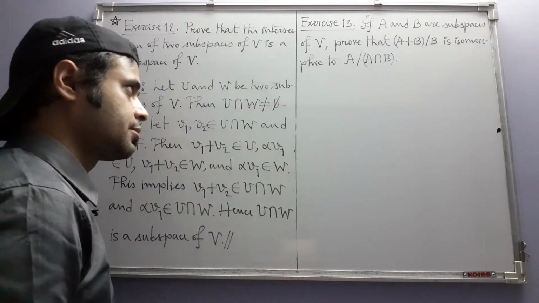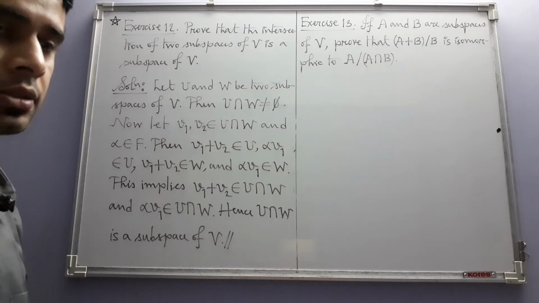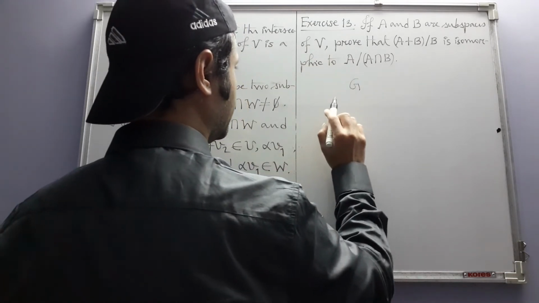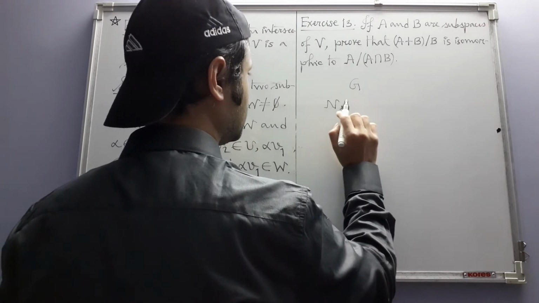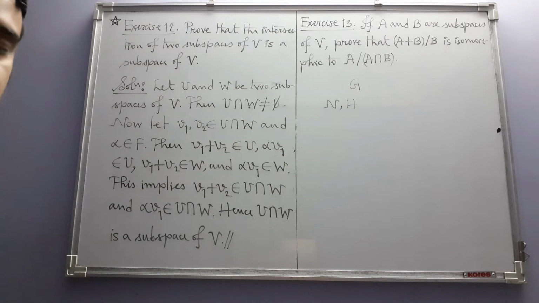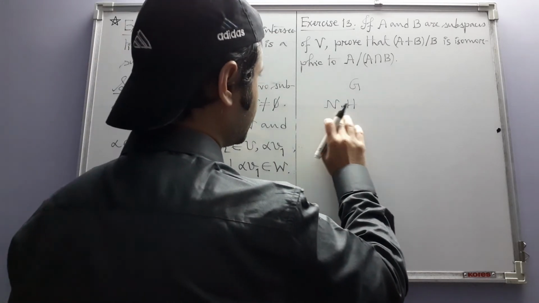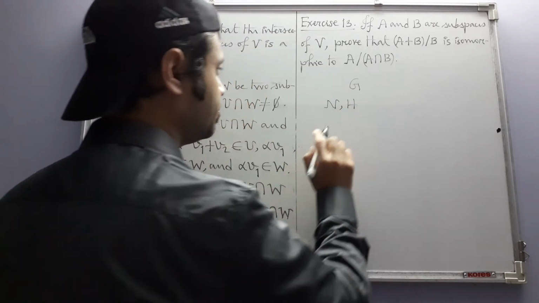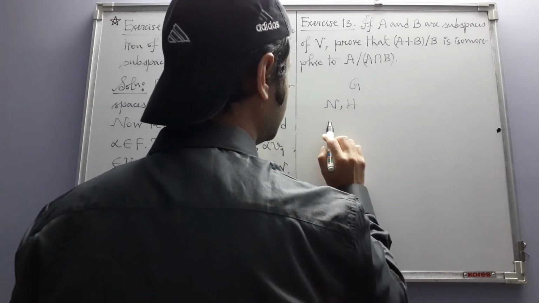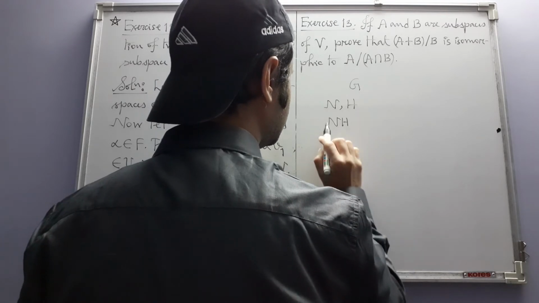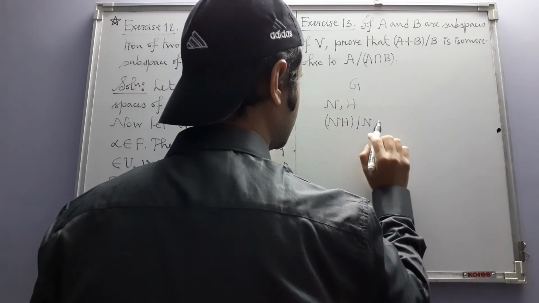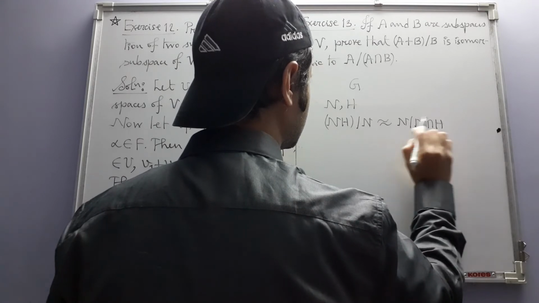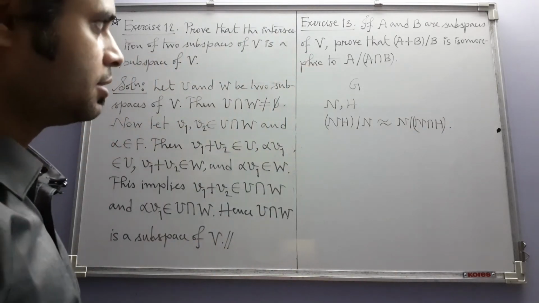Now we have come across this type of thing in group theory in one of the exercises, where in place of a vector space we had a group G and normal subgroups N and H. Normality of course is there, and then we had to prove that NH/N is isomorphic to H/(N ∩ H).